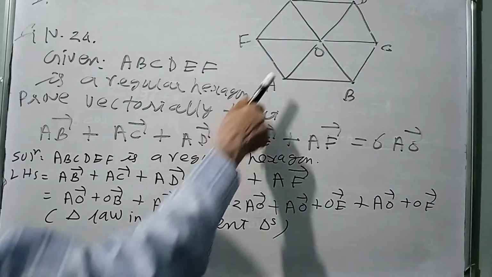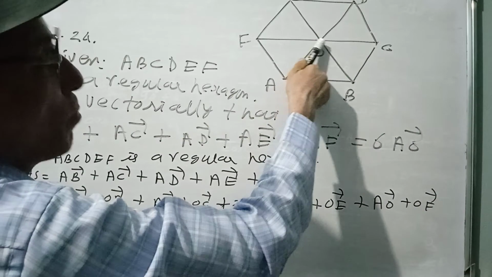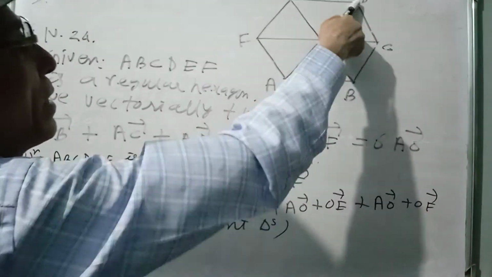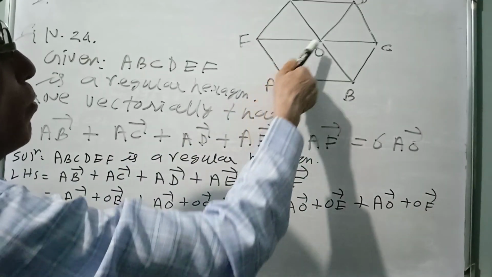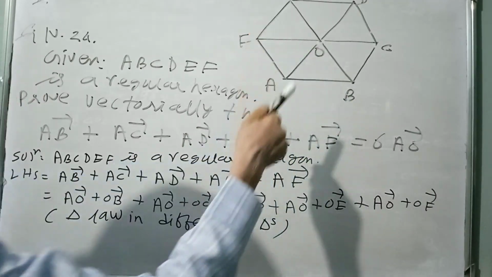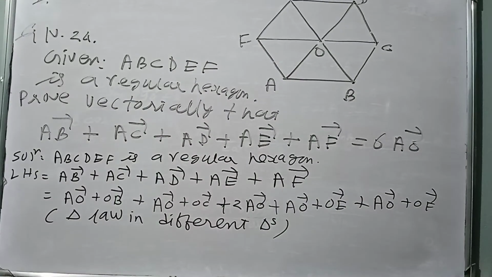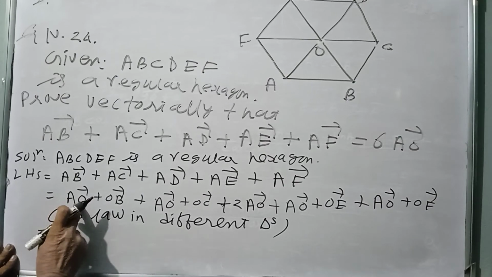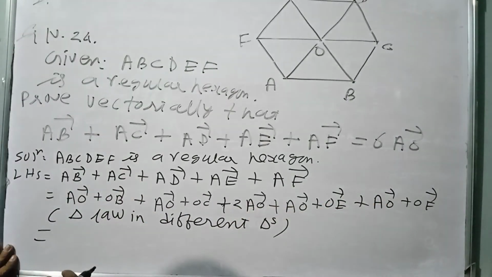Figure out: AB value AO plus OB, AC AO plus OC, AD 2 times AO, AE AO plus OE, AF value AO plus OF, using triangle law in different triangles. AO 1, AO 2 to 4, 5, 6.